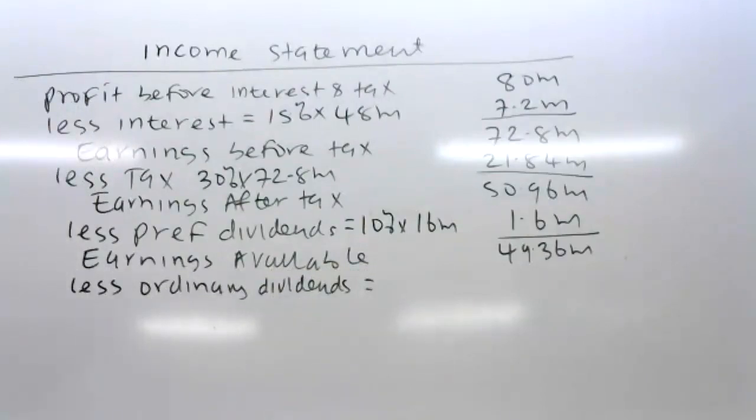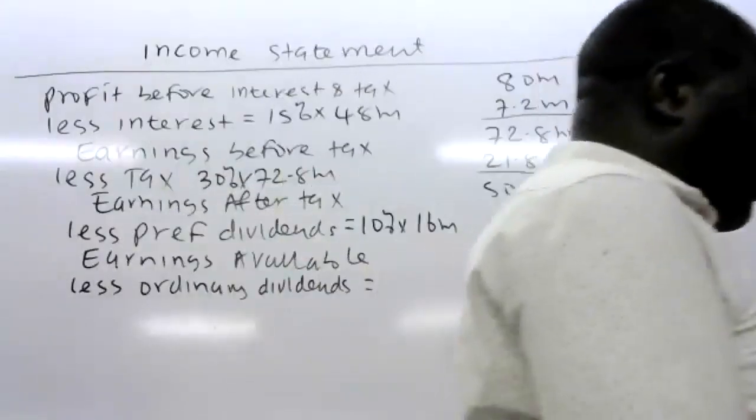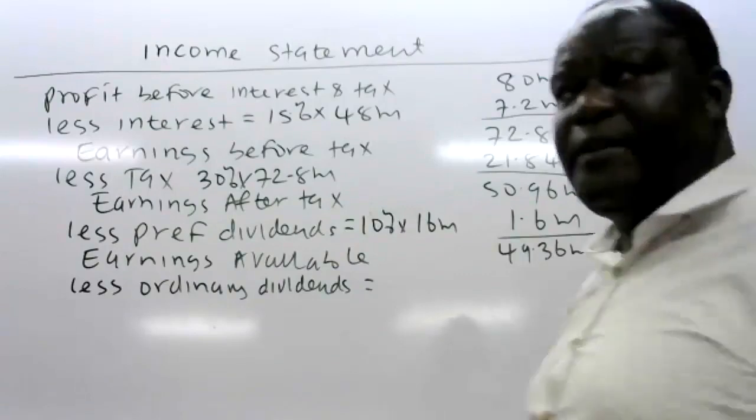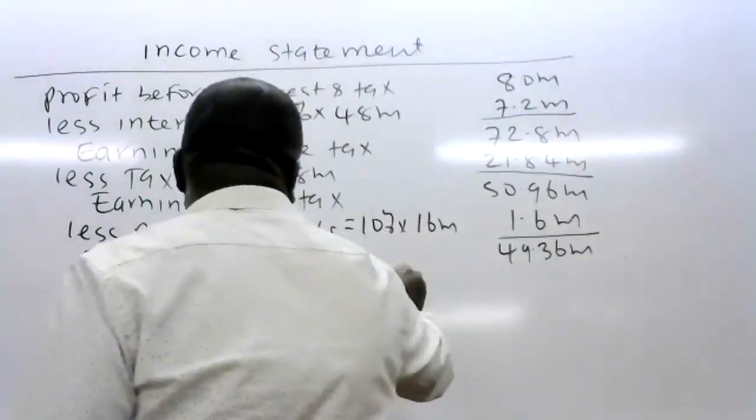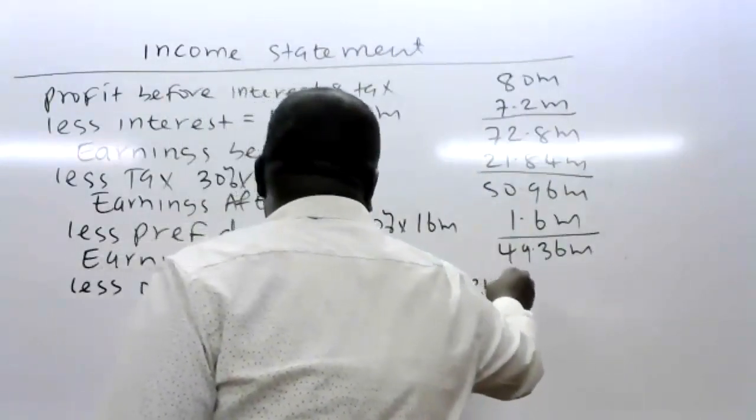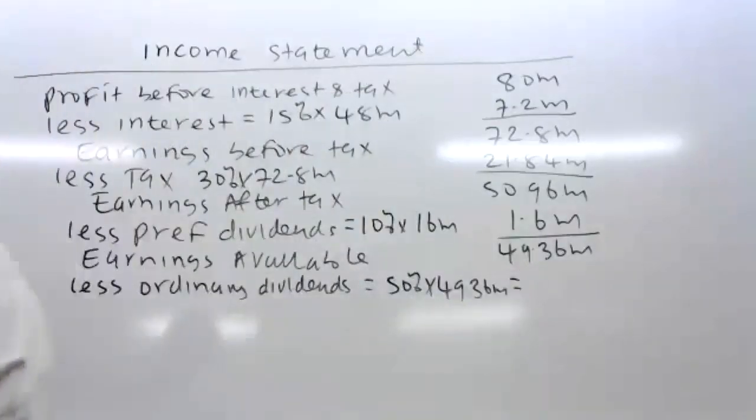To calculate the ordinary dividends, you can see in the question that the company's dividend payout ratio was 50%. So get 50% of the 49.36 millions.